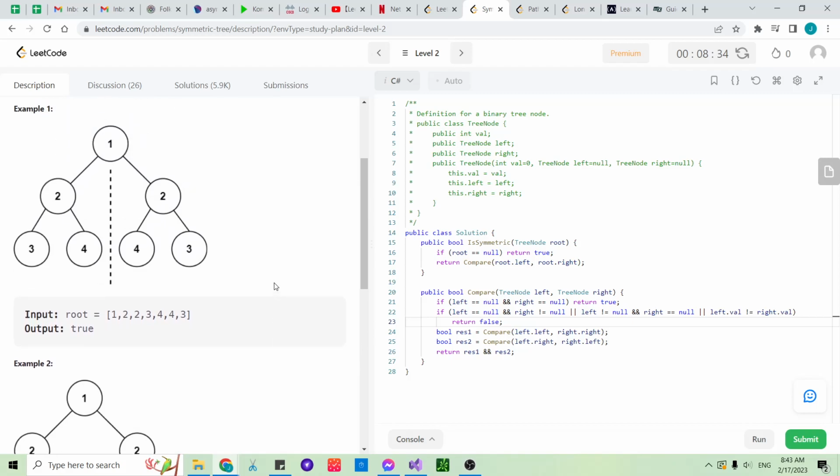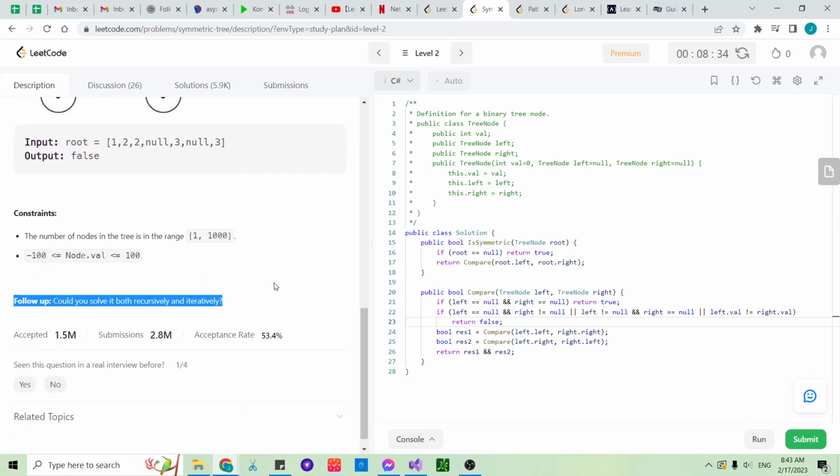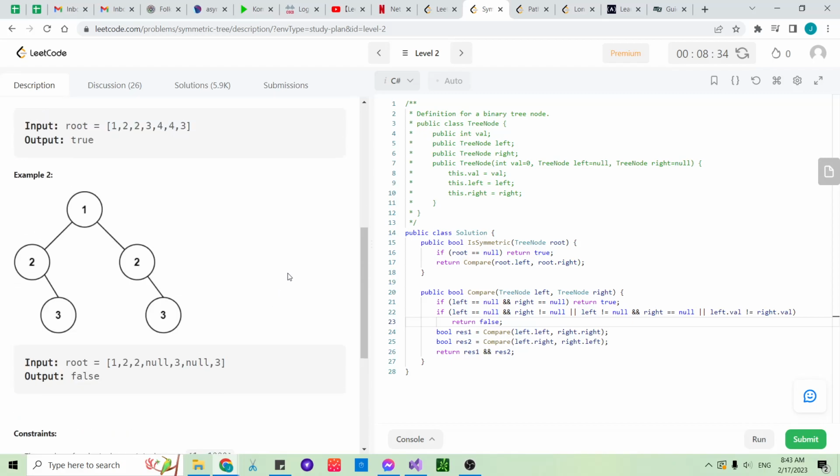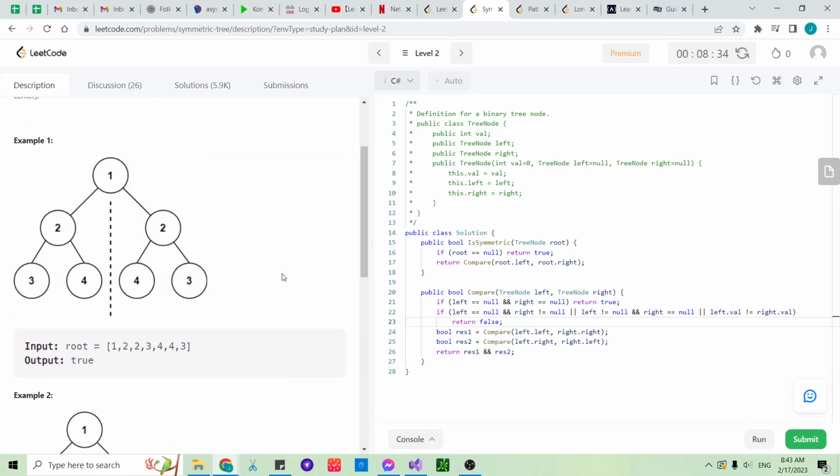Okay, how would we do it iteratively? Might have to use queue or stack.